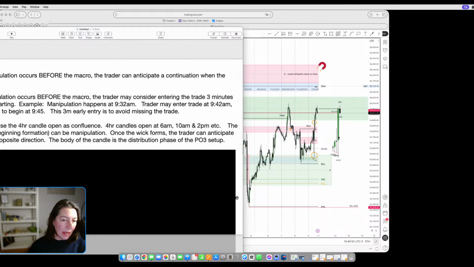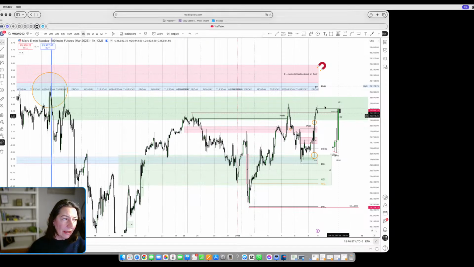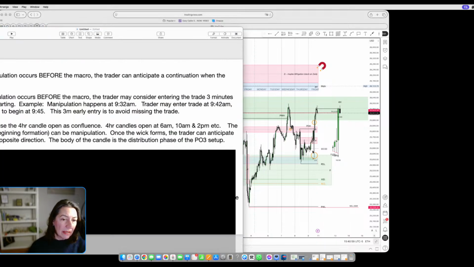And that's exactly what happened. And the body of this candle here, in essence, is the distribution phase, right? So we have accumulation, manipulation, distribution. This green body here was the distribution. It was beautiful. I think it moved close to 300 points. And then the 2 o'clock candle opened up here. So it was open, low, high, and close.